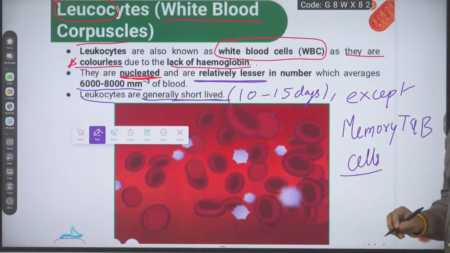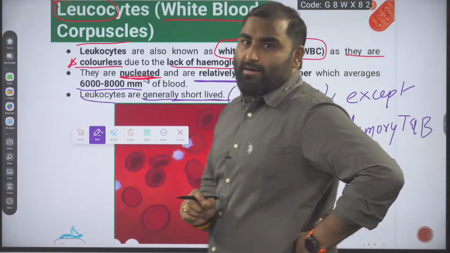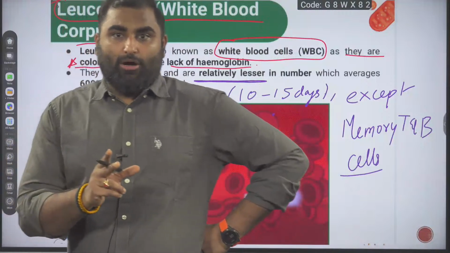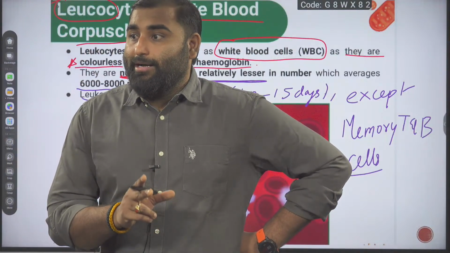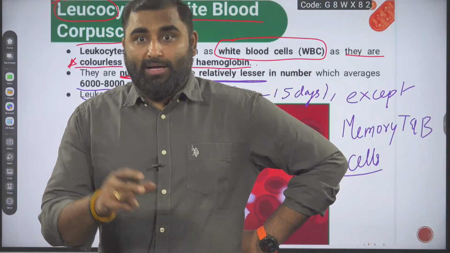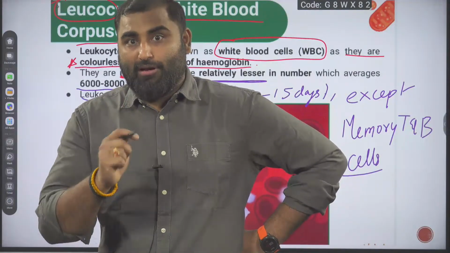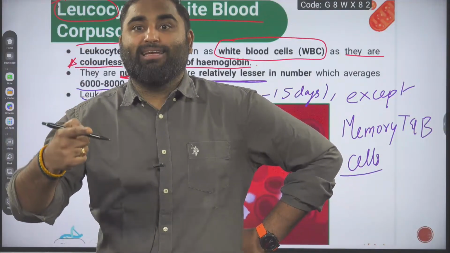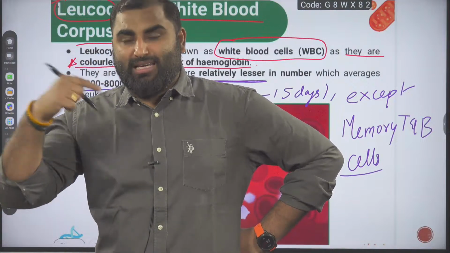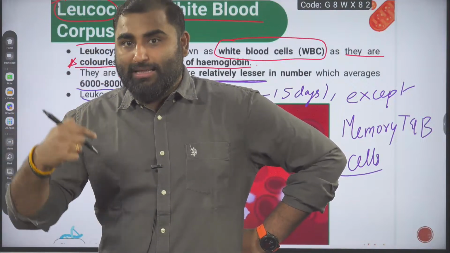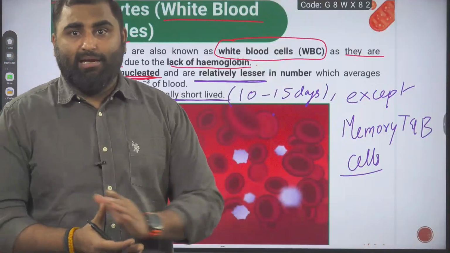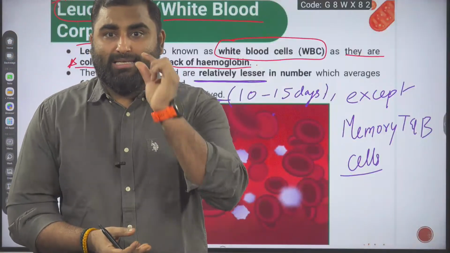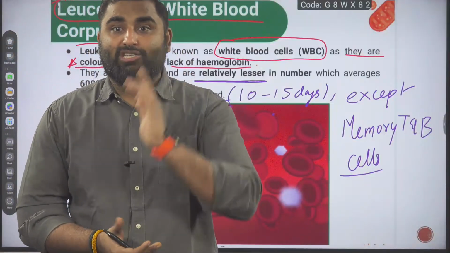So if you remember, in the acquired immunity topic, I told you that once we interact with a pathogen, a foreign body, we generate a memory. So the second time the same foreign body attacks, using the help of memory from T lymphocytes and B lymphocytes, we quickly recognize and destroy it.